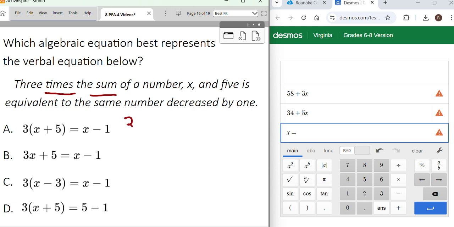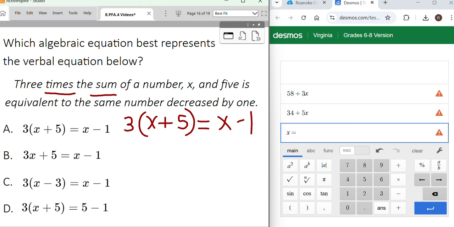So I'm going to say 3 times the sum of a number x and 5 is equivalent. Is equivalent means equal to the same number, which was x, decreased by 1.